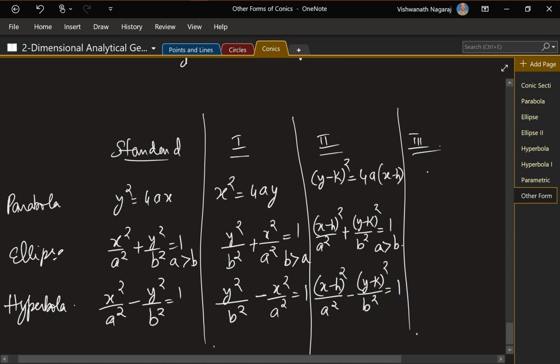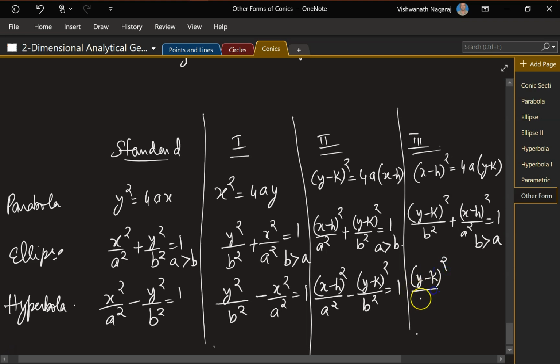In type 3, x minus h square is equal to 4a into y minus k. y minus k square by b square plus x minus h square by a square is equal to 1, and b is greater than a. Here y minus k square by b square minus x minus h square by a square is equal to 1.